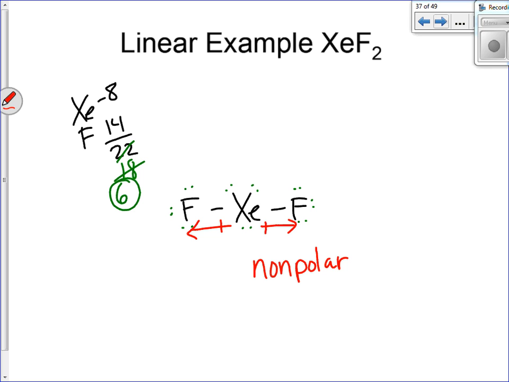So this one's non-polar, with a 180-degree angle. So just because it has lone pairs doesn't automatically make it polar. Most ones with lone pairs are polar. However, in this particular case, you have to really look at the shape carefully, because they're equally pulling on the central atom. So the dipole moments make this one non-polar. Okay? So keep that in mind.